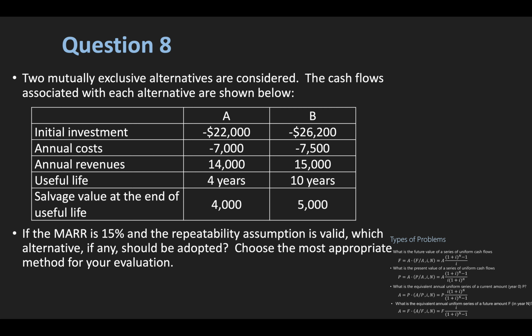If it's not, we cannot calculate anything, right? We cannot do the comparison. If the repeatability assumption is valid, there are two options we can calculate. One, we repeat one alternative or both alternatives multiple times, making sure that they start at the same time and end at the same time. Then we can calculate the present value, future value, and do the comparison, right?